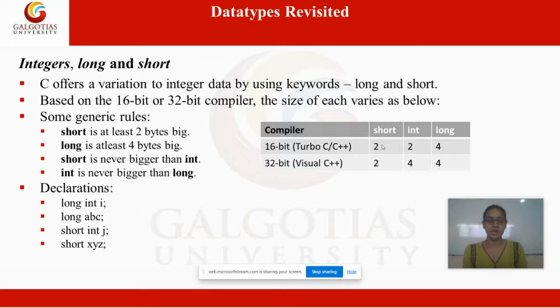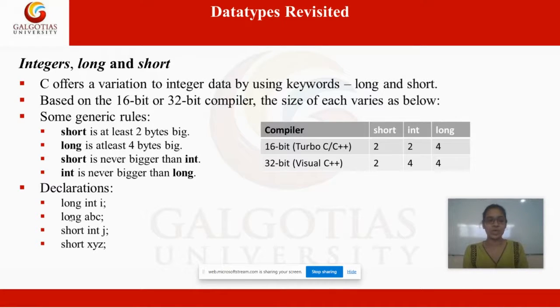Now, how do we declare these? As you can see, the first declaration here is long int I, and then I have written something like long ABC. The second one is a shorthand notation where you don't need to even mention int. If you write long itself, it means that you're trying to increase the range of the integer values and it knows that it is going to be of integer type.